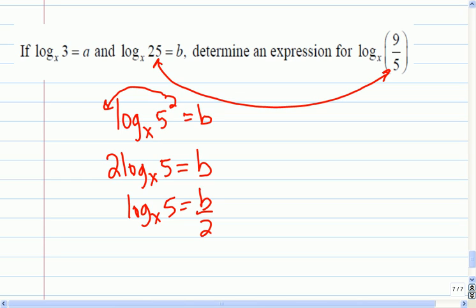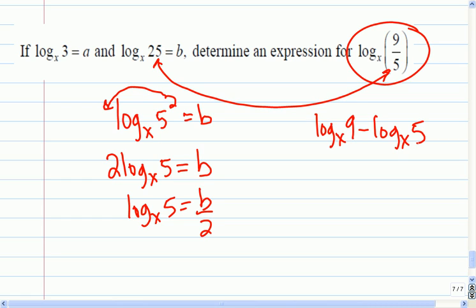So if I want to divide this expression, it's going to be log x of 9 minus log x of 5. Same thing is going to have to happen with log x of 9. This will be log x of 9 to the 1/2.